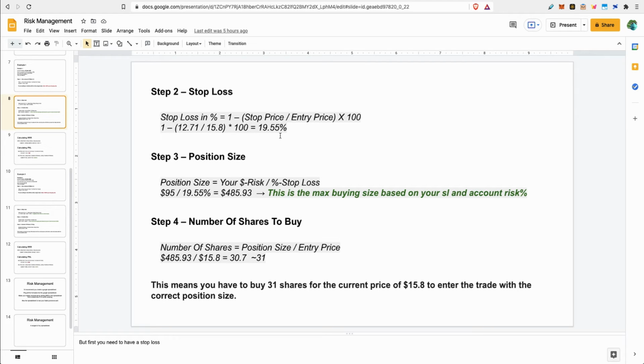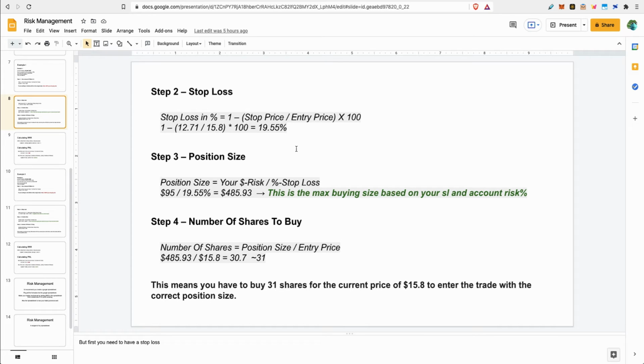So now we have our stop loss percentage. Now, how do you find your position size? Your position size is your risk divided by your stop loss. So the $95 divided by your 19.55% equals $485.93. This is your trading cost or your position size.